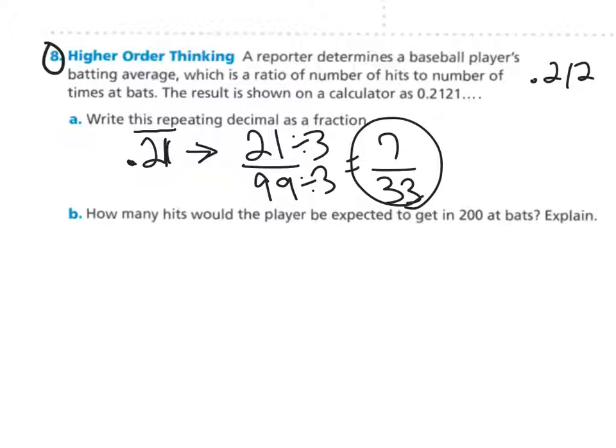Part B asks how many hits would the player be expected to get in 200 at-bats. So what we could actually do for this is we could say they would get about 7 out of 33. We could do a proportion if we wanted to. If they get like 7 out of 33, we're trying to figure out how many hits they would get out of 200.